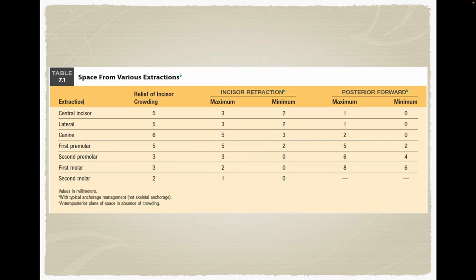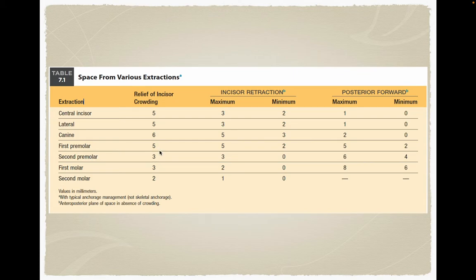And this is a nice table from Proffit as well, which tells you how much space you gain by extraction of different teeth. So let's focus on the first premolar. If you extract the first premolar, the amount of space you get to relieve the incisor crowding is 5, while the second premolar is 3.